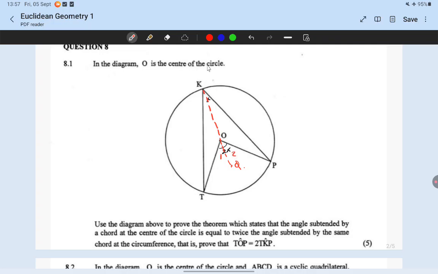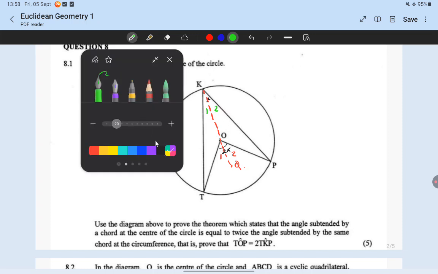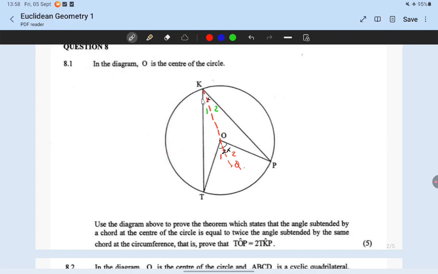And also here we'll be having, let's say, K1 and K2, like that. So now, how do you prove? We are going to prove first in this triangle. You can see that we created 2 triangles here. We're having KOP and we're having KTO.